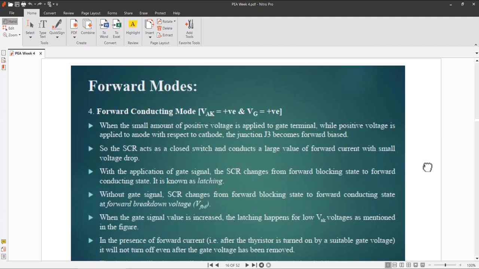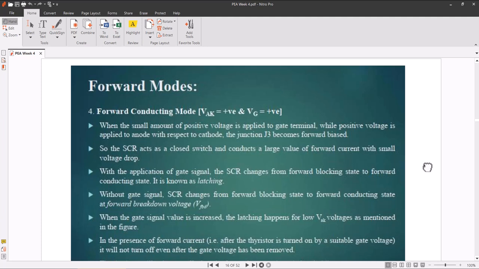It is known as latching. Without a gate signal, the LASCR changes from the forward blocking state to the forward conducting state at the forward breakdown voltage. But this is the maximum breakdown voltage, and we usually want to avoid it. Okay, and we apply the gate signal. When the gate signal value is further increased, the latching happens at a low VAK voltage, as shown in the figure.